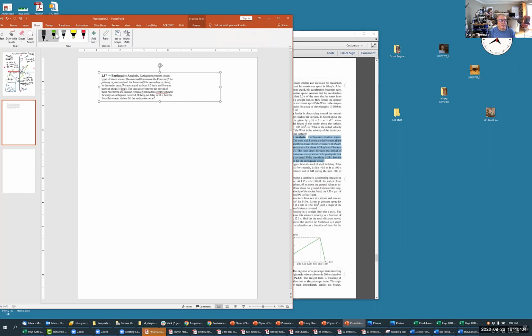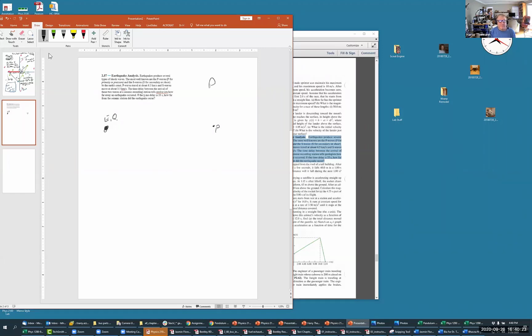And let's see. So we have the earthquake place. And we have the point of observation, P observation.